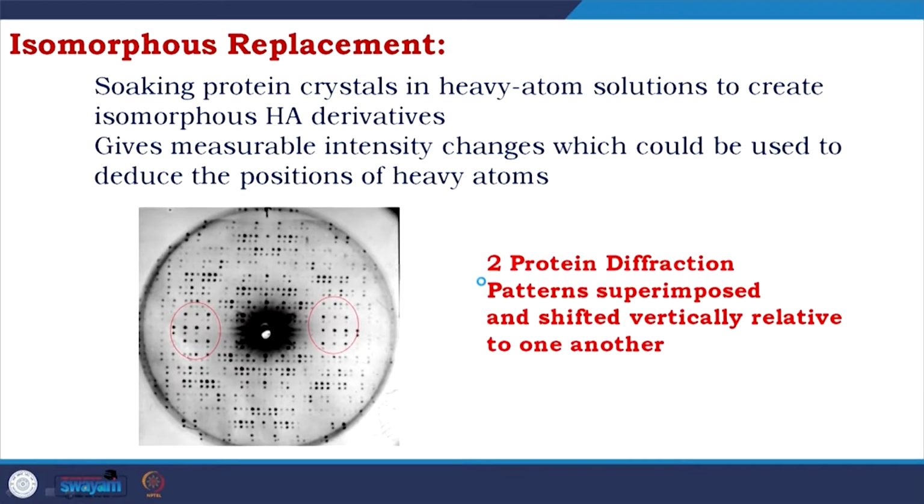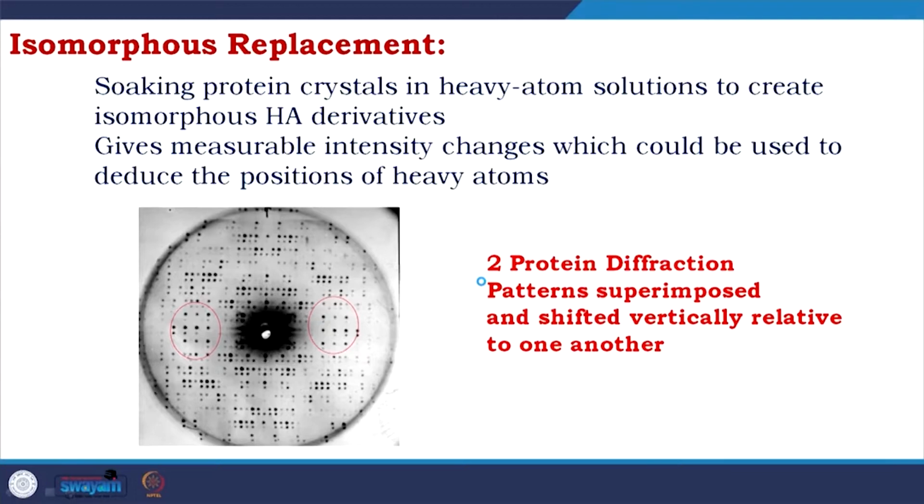So what is this picture? I showed this diffraction pattern in the last class also. Here is one protein, beta lactoglobulin, and the same protein with a mercury derived crystal. So one is the native crystal, one is the mercury added crystal, both data collected and merged.